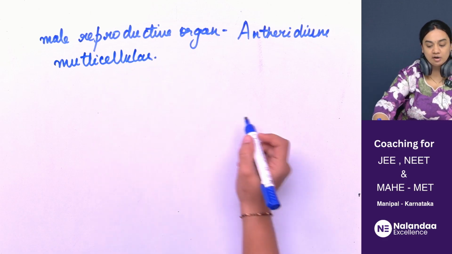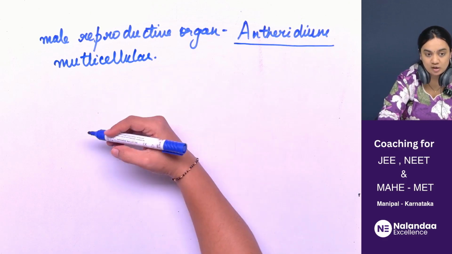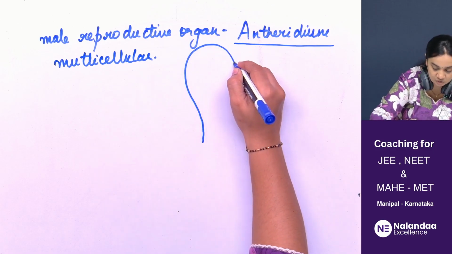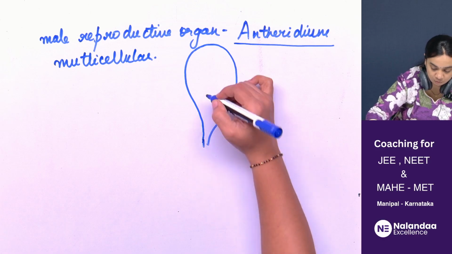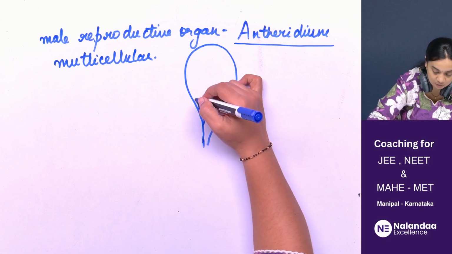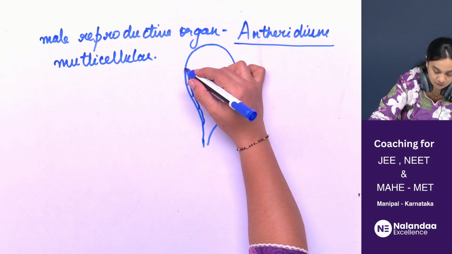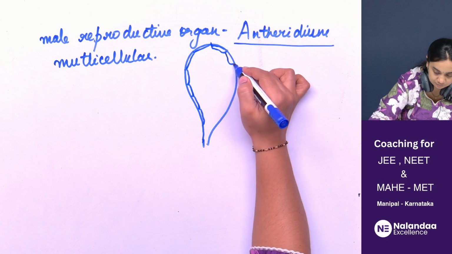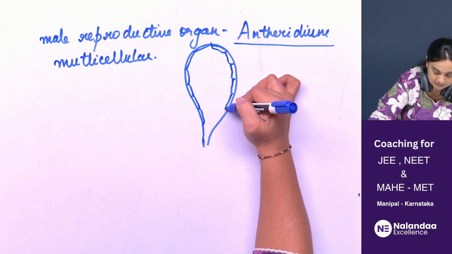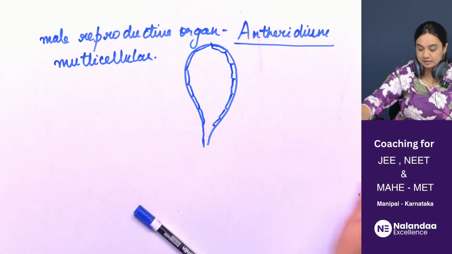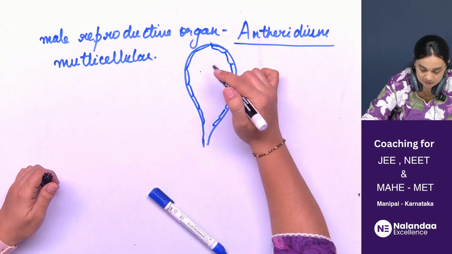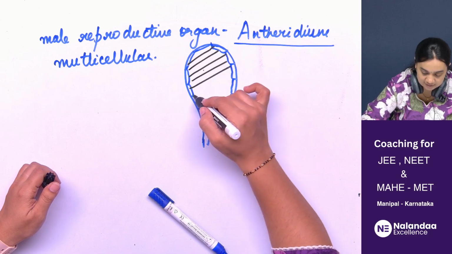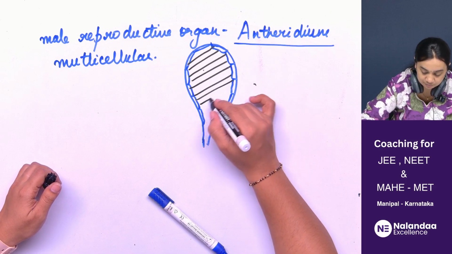Multicellular reproductive organs, where the male reproductive organ is called the antheridium, which looks something like this. It's a tennis bat shaped structure which has a jacket like this. Okay, an external layer of cells. And inside this layer, what it has is a series of cells that look like this. So this is what I said, it's a tennis bat shaped structure.